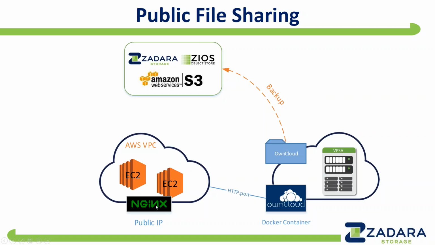No one can snoop on your data in between the mobile device and the cloud itself. But everything else within the AWS VPC and the virtual private storage array is completely isolated, and then you only have to worry about this interface to make sure that it's secured and locked down.